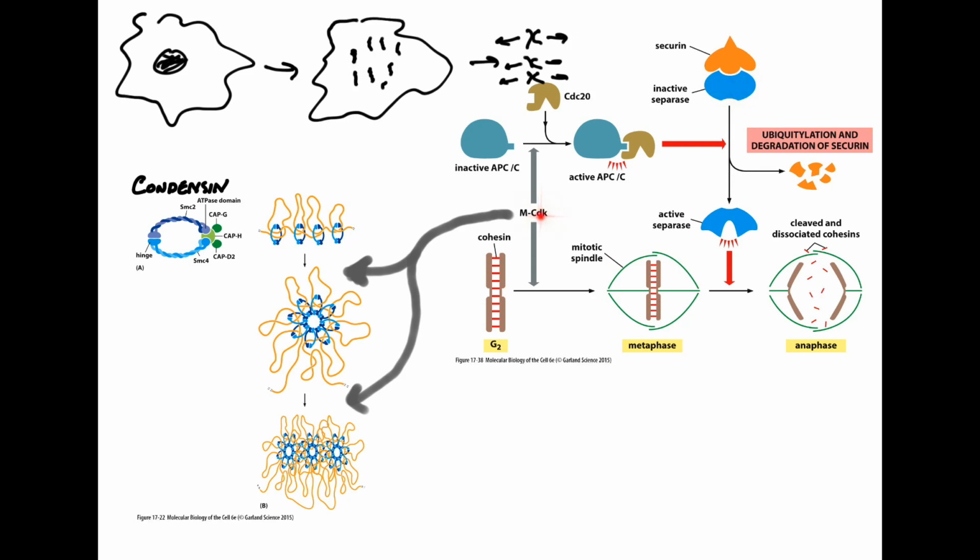In the presence of active M-phase cyclin CDK, you get ultimately the inactive destroyed form of cyclin and the active form of separase, which then binds to the DNA while it's still attached at metaphase, lined up, and then degrades the protein called cohesin that links the two sister chromatids.